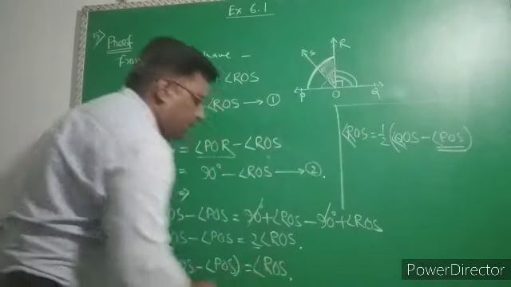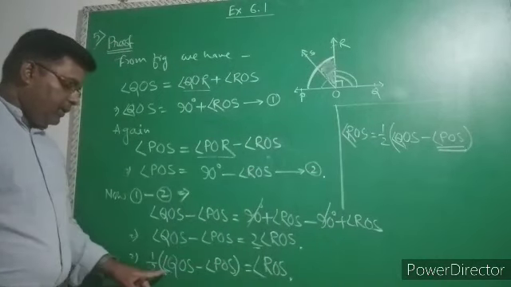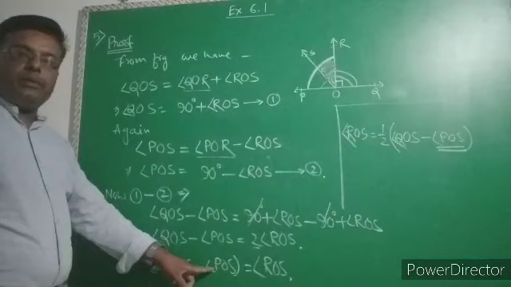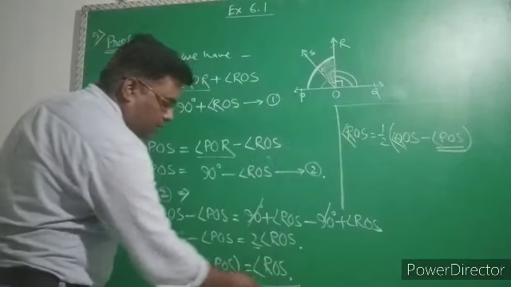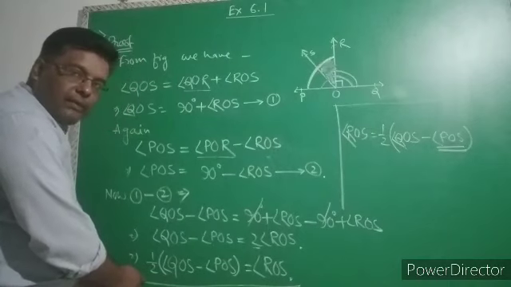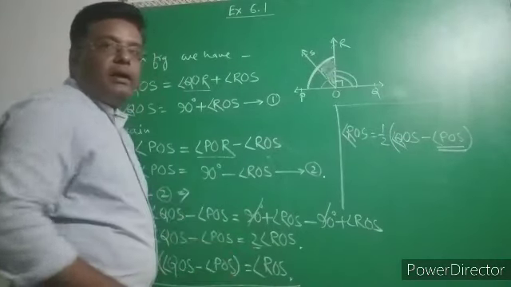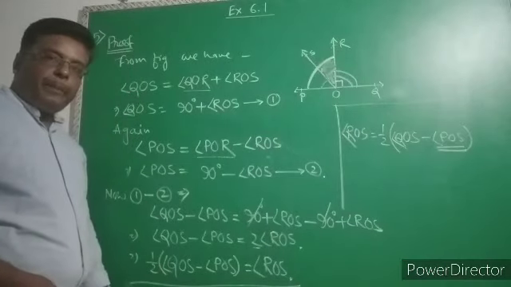That is, we get angle ROS is equal to half of angle QOS minus angle POS. So this implies ROS is equal to this half of this on the right hand side. Okay.